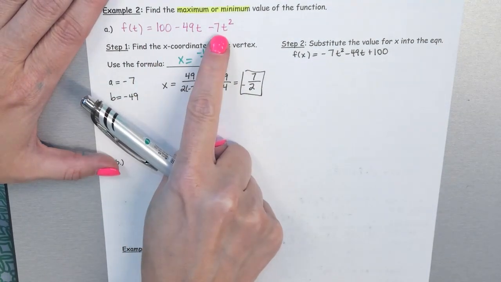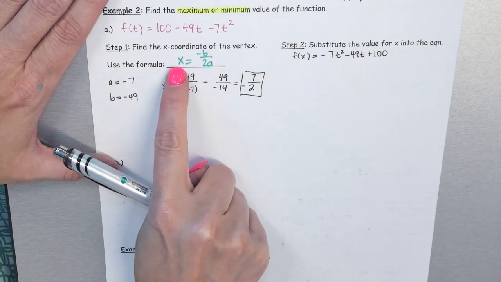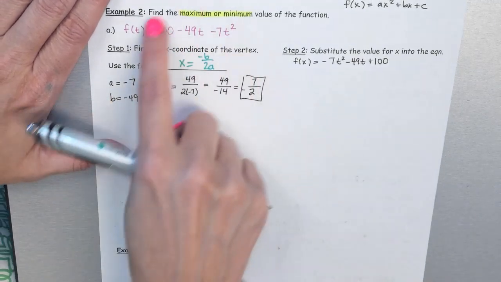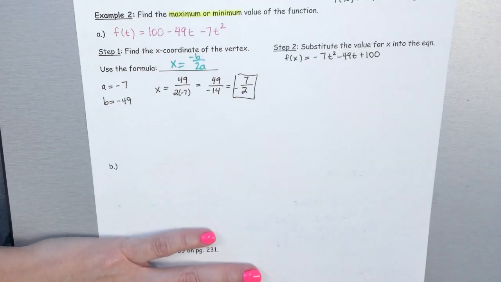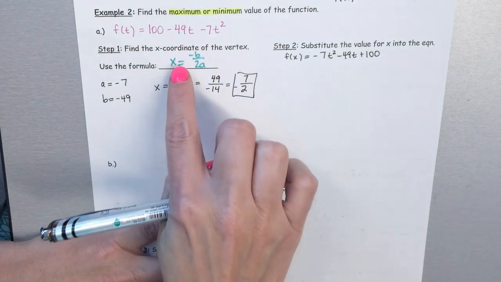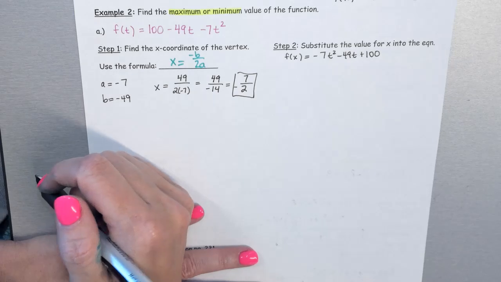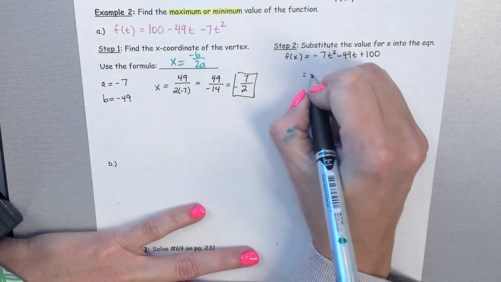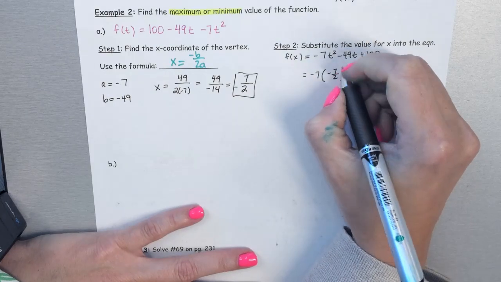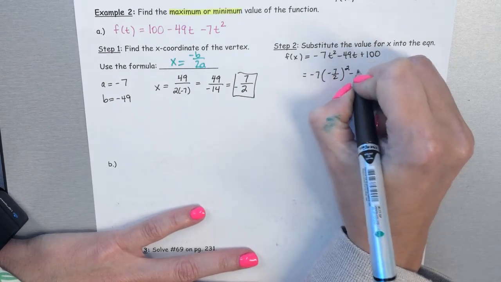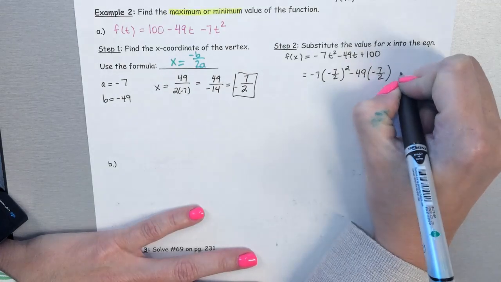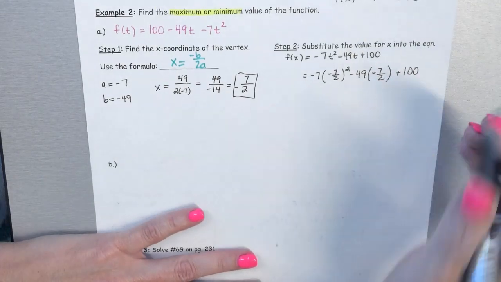In this case, the input is t, so really what we found was that t value. They use t a lot when you're doing an application with time. So I just want you to know it's still finding that first value of your vertex. So negative 7 times negative 7 over 2 squared minus 49 times negative 7 over 2 plus 100.